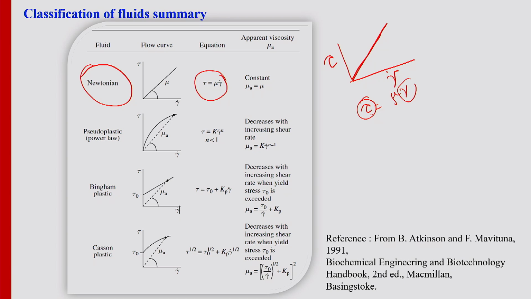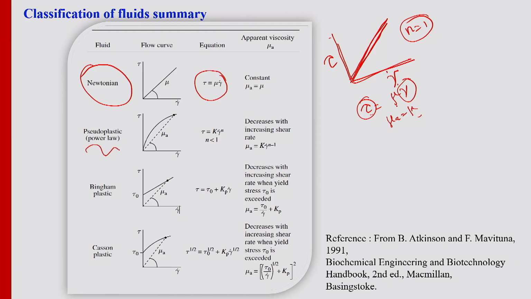The shear stress is proportional to shear rate. So mu is a constant, the viscosity, that we always call apparent viscosity, as already discussed. Here mu A equals mu. The shear stress against shear rate is always linear, so we call this Newtonian, and here also n equals 1, that is the reason this is Newtonian.